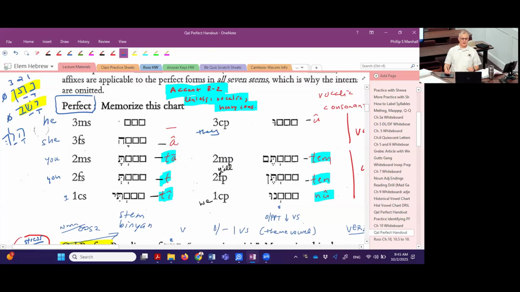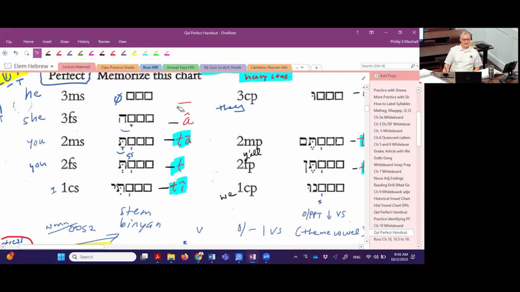I'm going to use no ending. I'm going to add tav-he to the end for she, tav-ta at the end for you, man. A silent shva will go under the third consonant. Kaf with a silent shva. This was sort of new for us, if you recall. Anytime I have two shvas at the end of a word, they are both silent shvas. Okay? And then that's you, woman, and then tav as I did it.